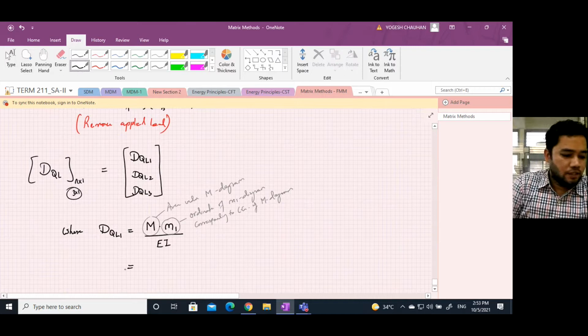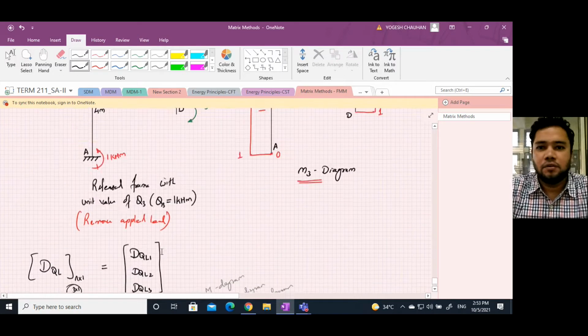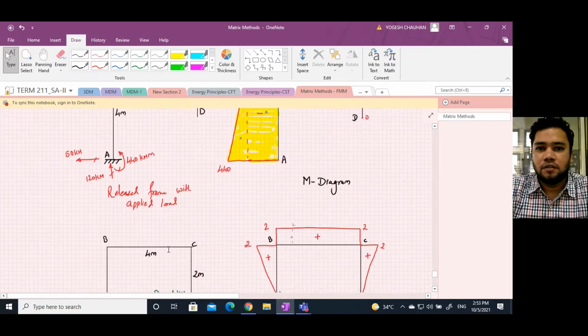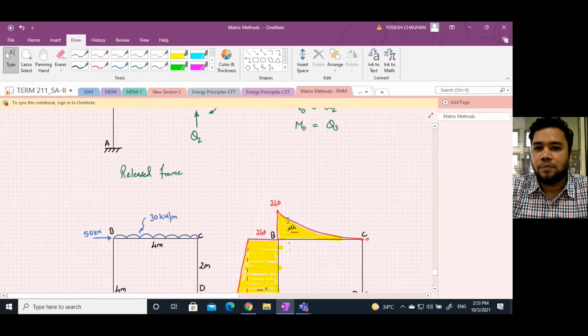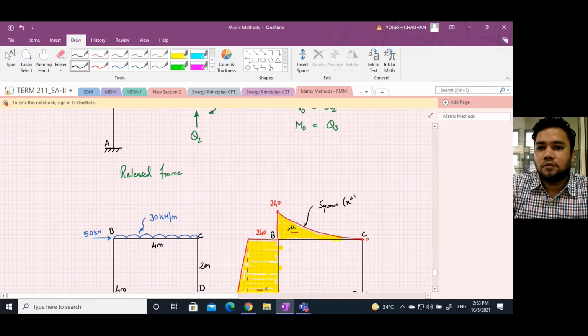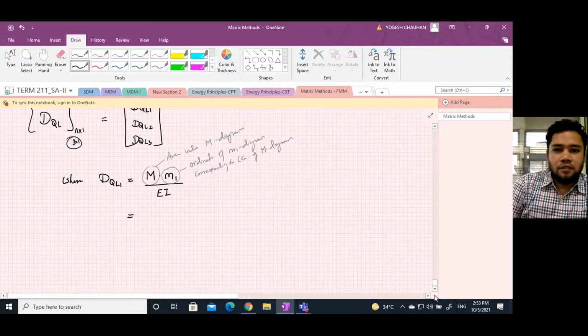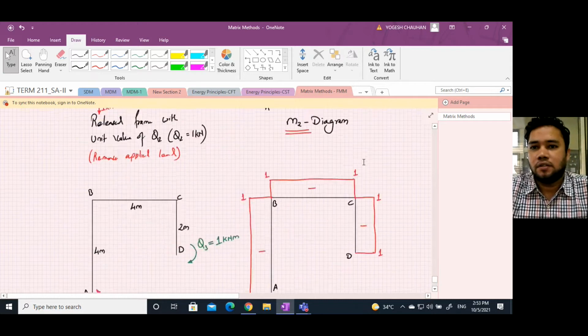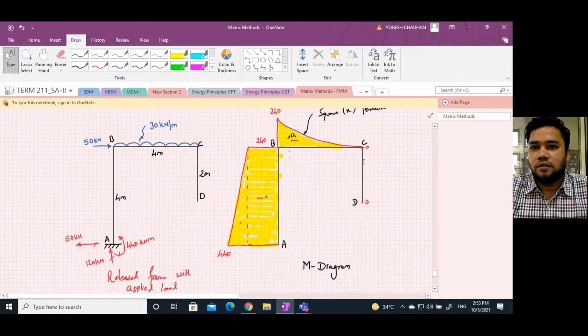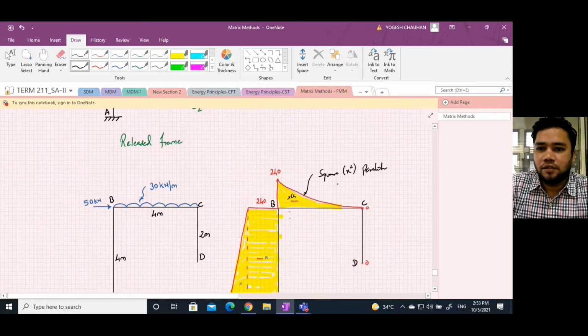So let us find this. First, the area of this curve. This is a square parabola. So the area of this square parabola will be 1 by 3 base into height. You should remember the area under various curves.